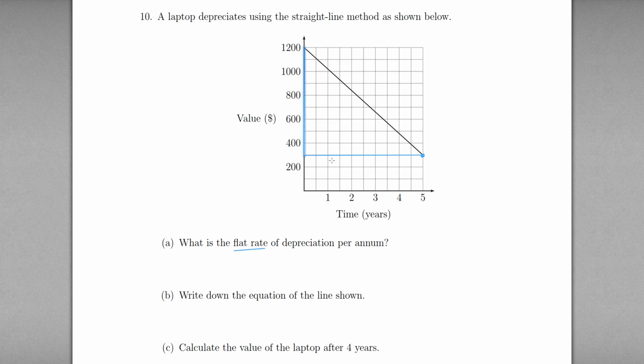Okay. And what I'm going to find is that while this moves across by 5 years, this one, which is 300, moves up by $900 there, or rather moves down by $900. Okay, so for 5 years, I'll write this down, 5 years goes to a $900 drop.